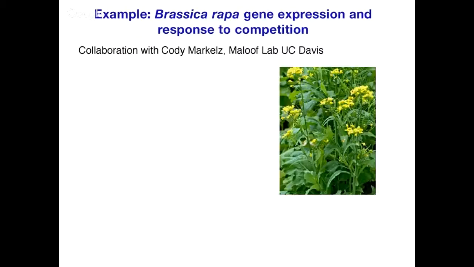To show you this in action, I've been working with Cody Marcos of the Maloof lab to help analyze a data set they generated, using RNA-seq to look at the response of Brassica rapa to growing in competition.